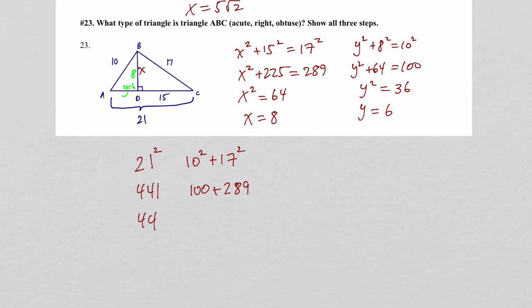So 100 plus 289, this adds up to 389. 441 is greater. So since this side squared is greater than the sum of the squares of the 2 smaller sides, we have an obtuse triangle.